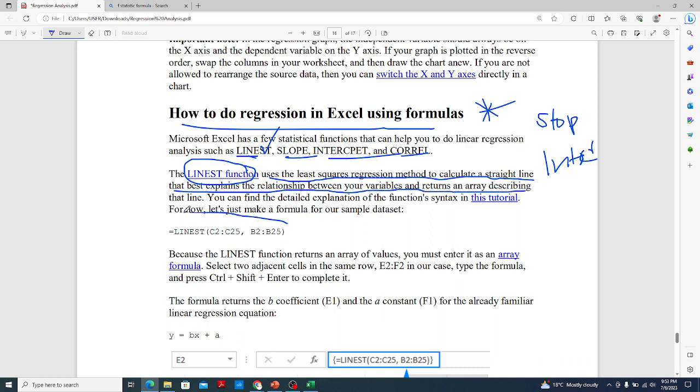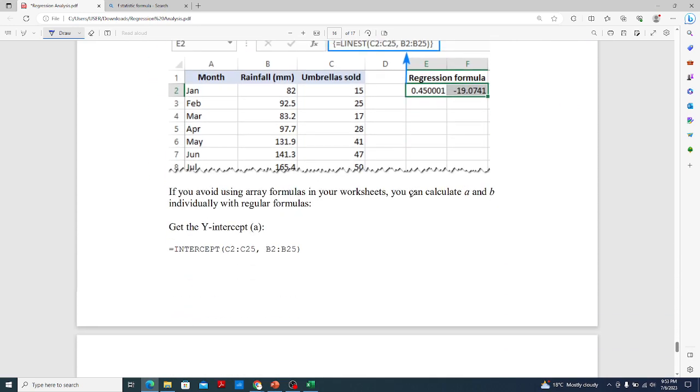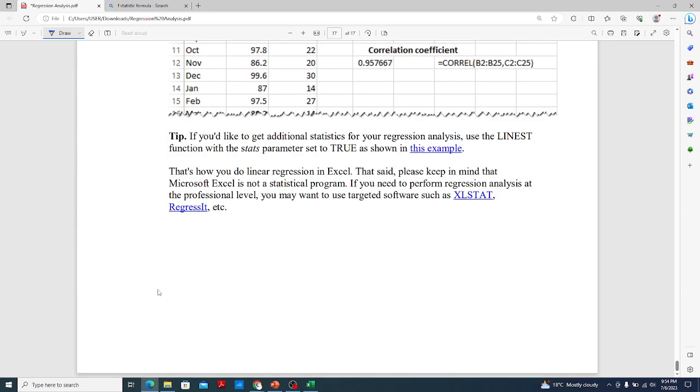So definitely this will give us the slope. If we use this formula, it will give us the slope and the intercept at once. You can as well go and use the slope function and the intercept function to find the values of our constants separately.